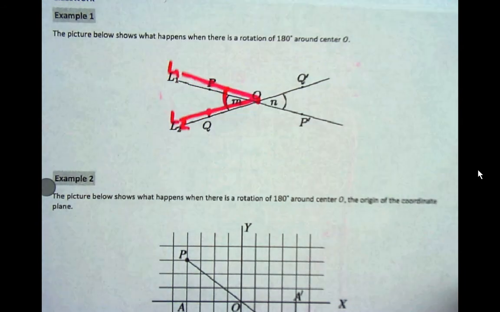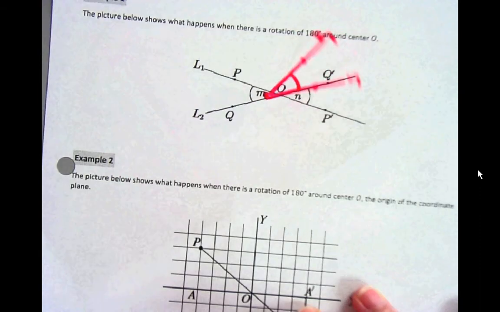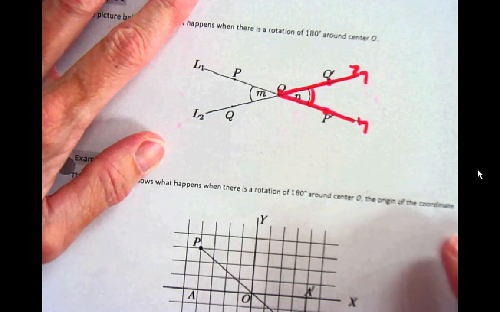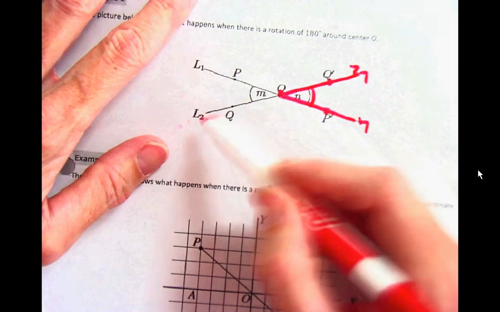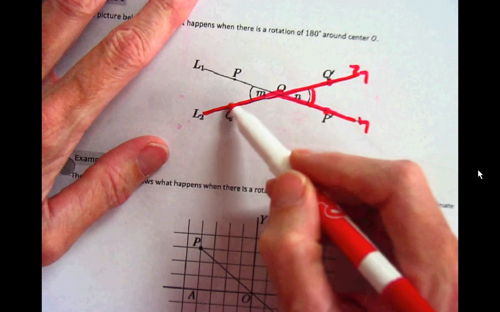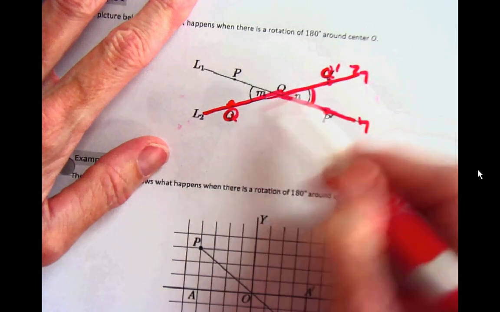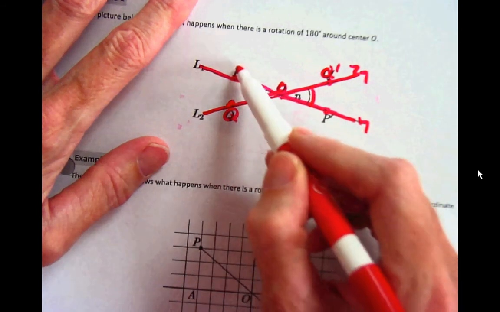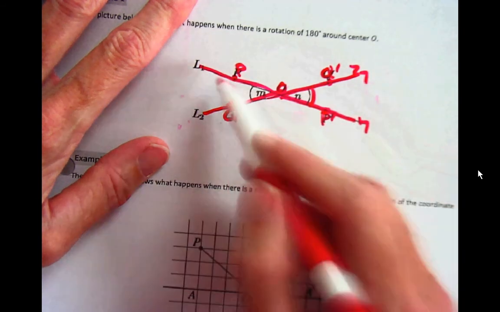If you rotate around O, what ends up happening 180 degrees later is that these are going to map onto what is already there. So this now becomes 180 degrees, which forms that line, and that means that Q prime right here, Q, and O are collinear. The same thing with P, P prime, and O, those are also collinear.